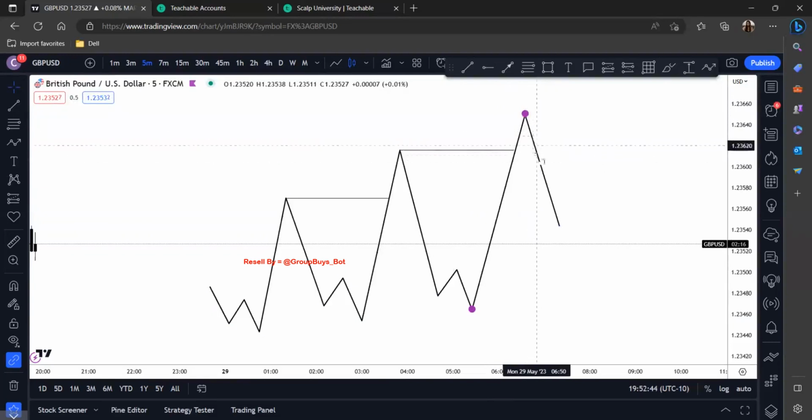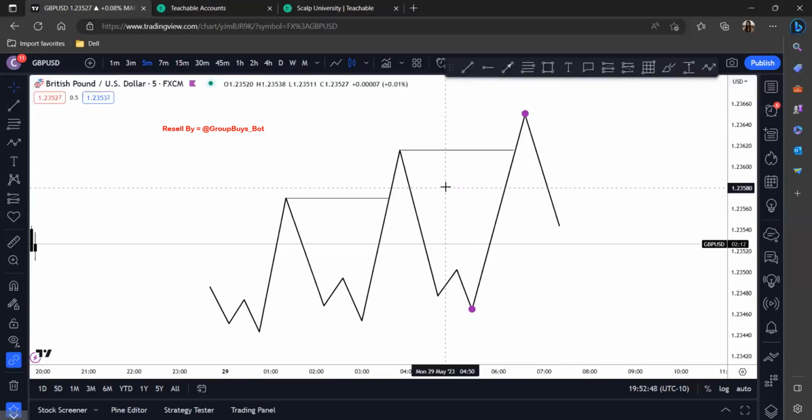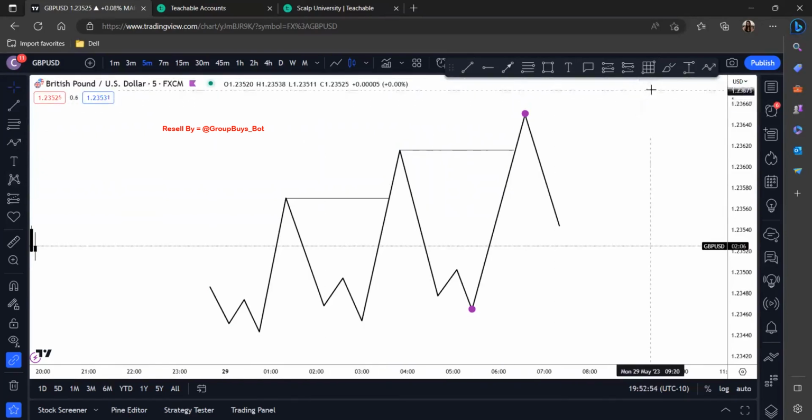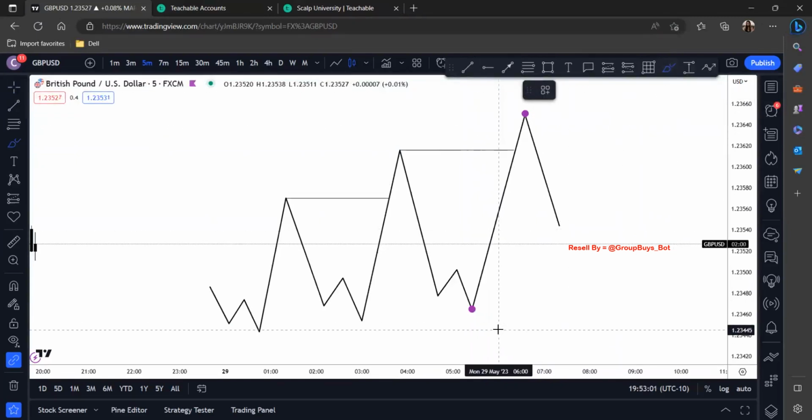Because price came all the way down here, if we drop to a lower time frame, let's pretend that we're on the higher time frames, and we have lower time frame liquidity within this trading range structure. For example, this is what internal liquidity would be.